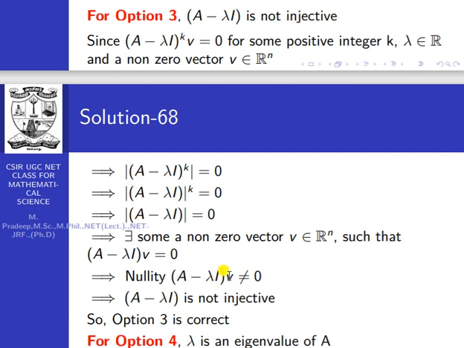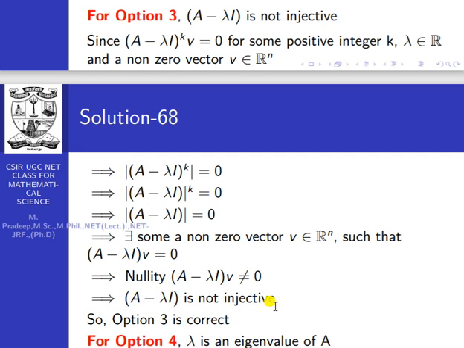Nullity of A minus lambda I is not equal to 0. Nullity is not equal to 0 means a non-zero vector satisfies it, which means it is not one-to-one. That is not injective. A minus lambda I is not injective.